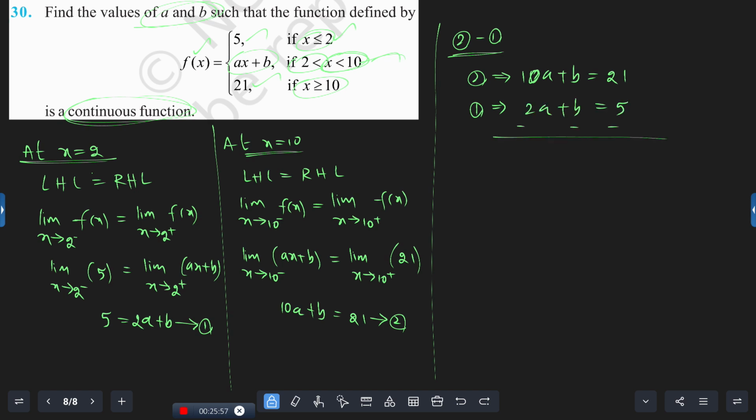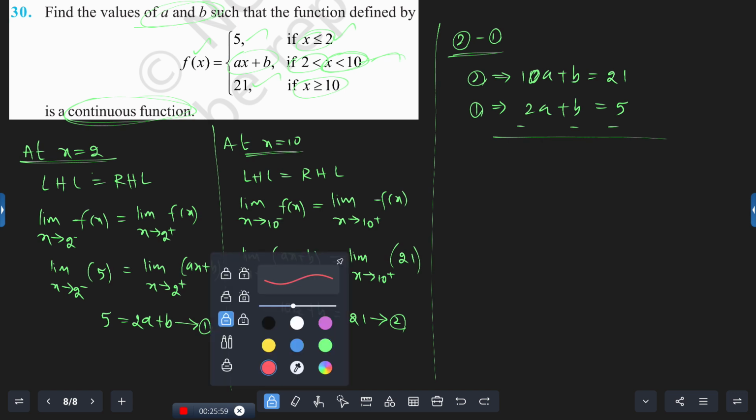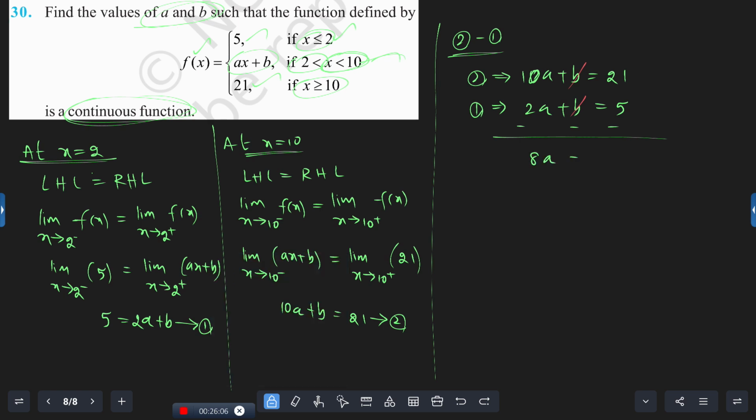Subtracting, plus b minus b cancels, so we get 10a minus 2a, 8a, is equal to 21 minus 5, which is 16. So a is equal to 2.